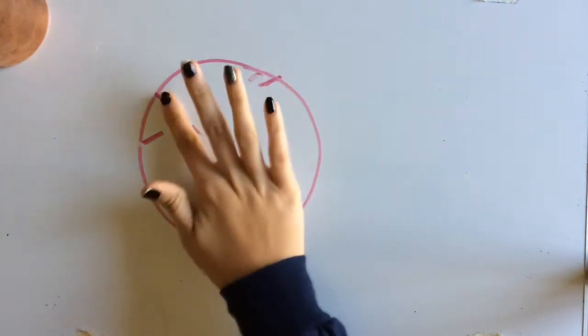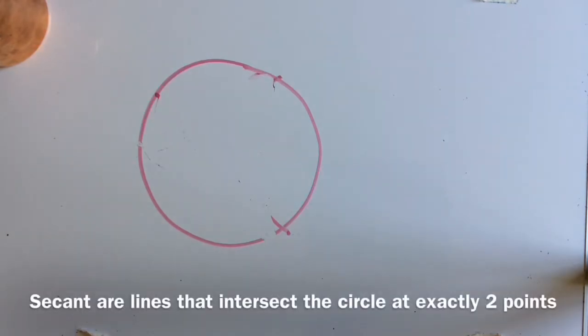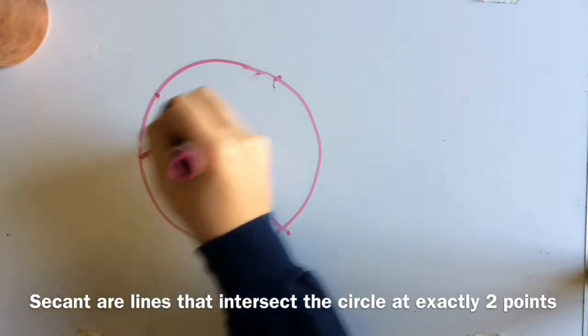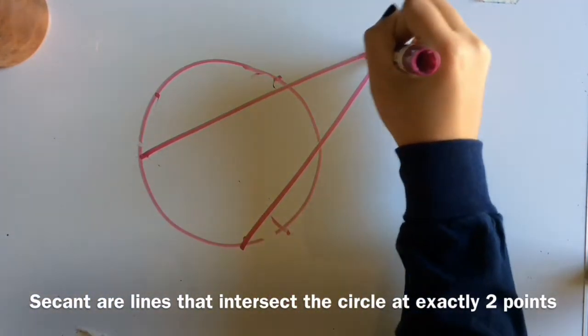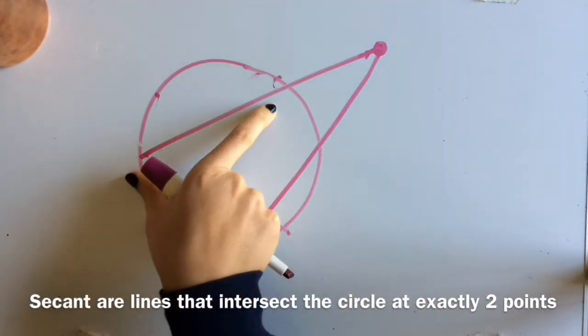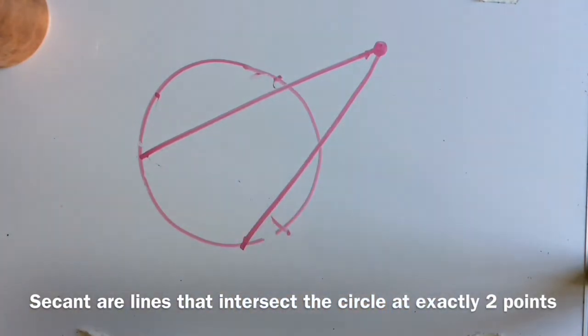We also have segments that are secants, which means that they go from inside to outside of the circle and maybe meet on the outside of the circle. There's a relationship to find the lengths of those segments as well.